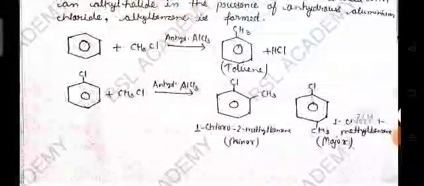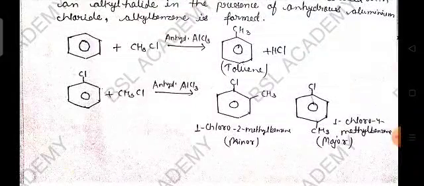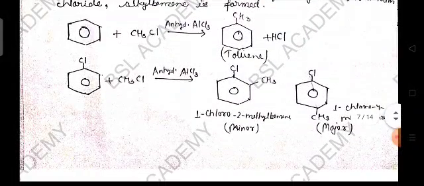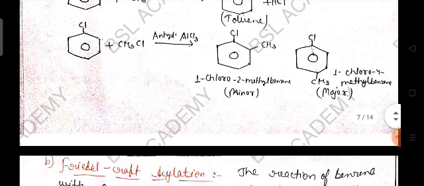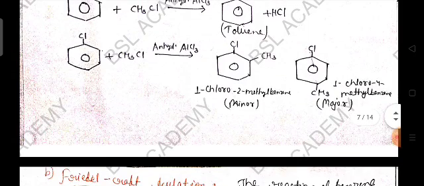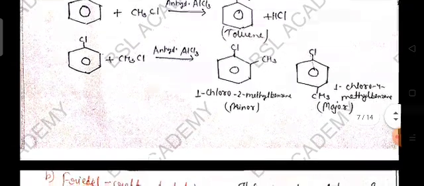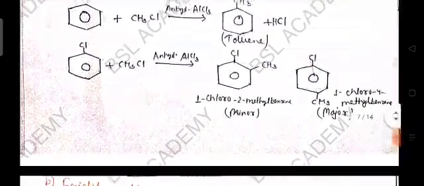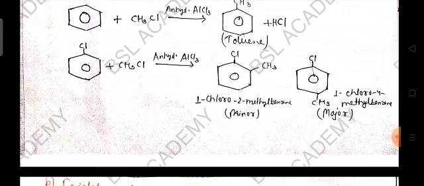And again chlorobenzene is treated with CH3Cl. So what will happen here? Here you can see that the methyl group is attached at the ortho and para positions.